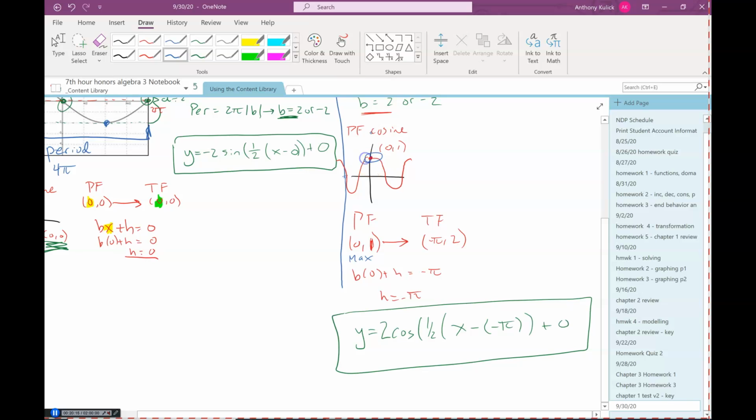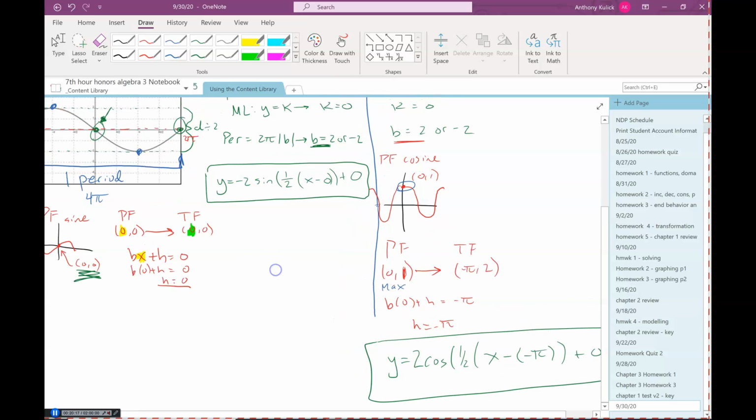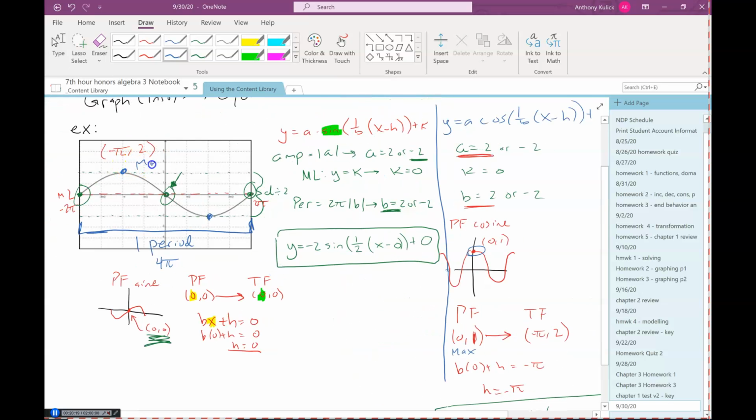It's this spot right there. And the point that I chose was a maximum on my graph. That tells me that there is no reflection across the x-axis because I started with a max and I'm getting another maximum. So that part tells me that the A has to be positive. If I had chosen the minimum to map to, then A would have to be negative. Does that feel okay? You're welcome.